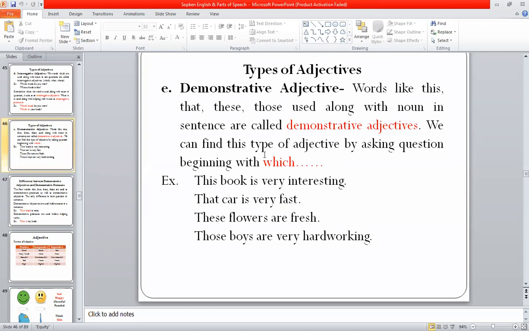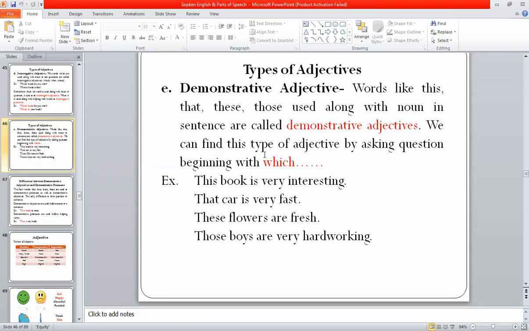So this also has a tip. When the words this, that, these, those are coming before a noun, then they are called demonstrative adjectives, because they demonstrate or give information about that noun, and that is why they are called demonstrative adjectives.